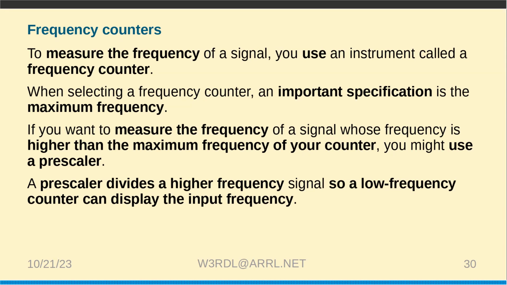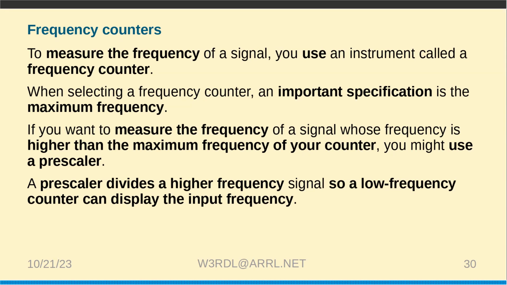Okay, so frequency counters. It's a digital counter that basically looks at the crossover of the signal and counts how many times it changes direction. If you're trying to measure some frequency above the maximum frequency of the frequency counter, you can add what they call a prescaler.